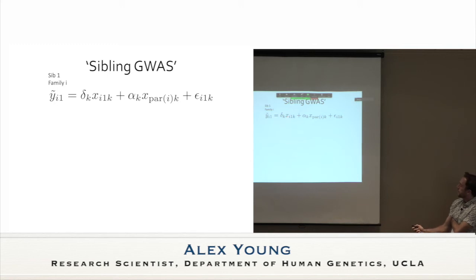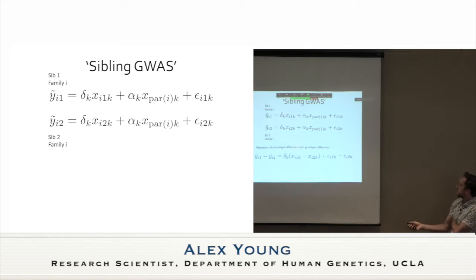So you have the genotype of sibling 1 in family i, and then the parental genotype in family i, and sibling 2 is going to share the same parental genotype, because full siblings share the same set of biological parents.